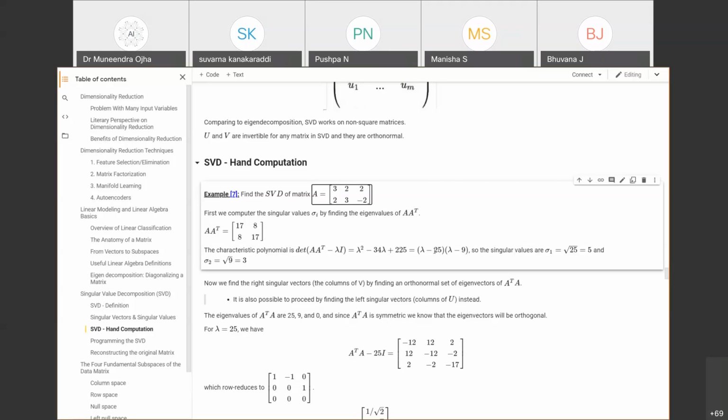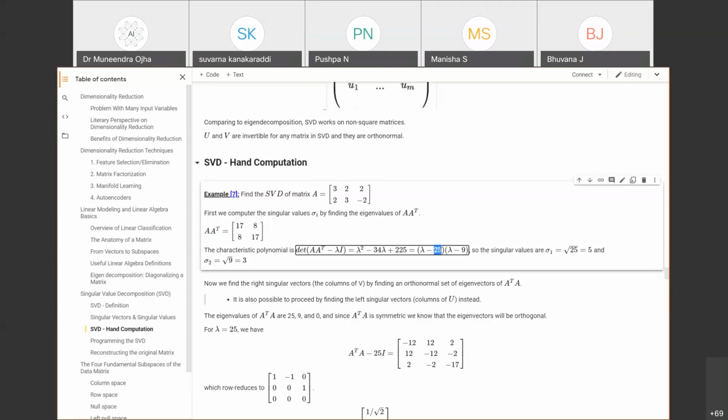These two, 25 and 9, are the eigenvalues of AAT. This example is chosen in such a way that we have perfect squares as eigenvalues.